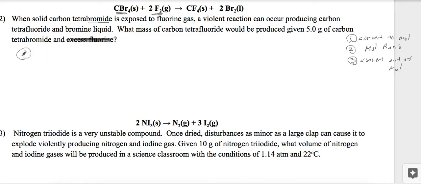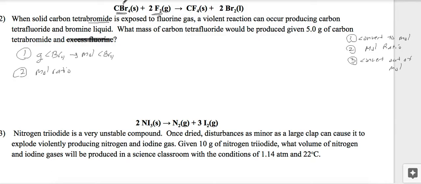Since we have a mass of carbon tetrabromide, we're going to take that mass of carbon tetrabromide and convert it into moles of carbon tetrabromide. In the second step, so that's our question, how do we get to moles? We just convert it using the periodic table. Then we can do the mole ratio between carbon tetrabromide and carbon tetrafluoride.